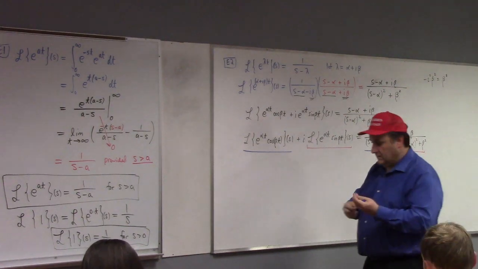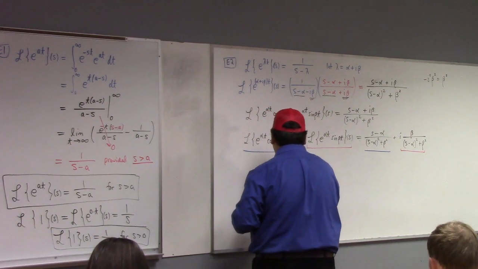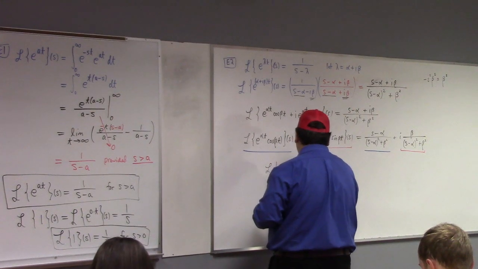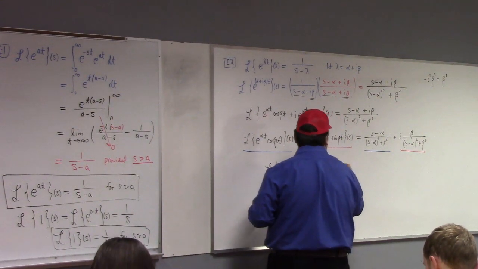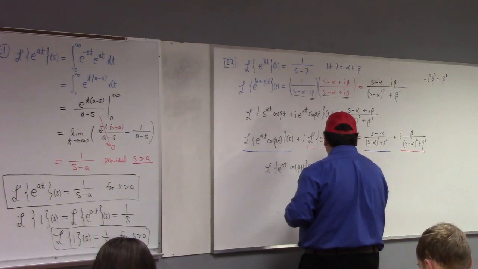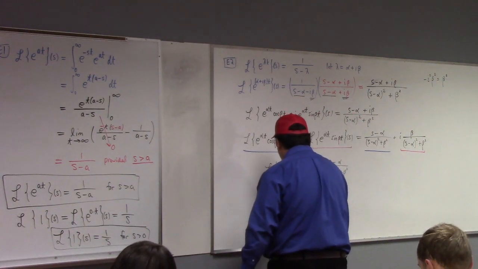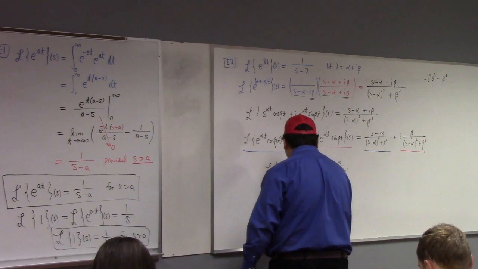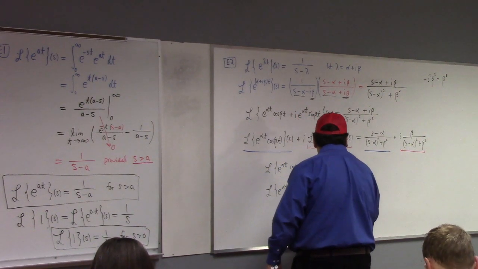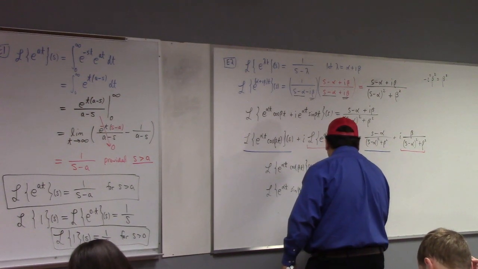And as such, we derive that the Laplace transform of e to the alpha t cos beta t as a function of s is actually equal to (s minus alpha) divided by ((s minus alpha) squared plus beta squared), and the Laplace transform of e to the alpha t sine beta t is equal to beta divided by ((s minus alpha) squared plus beta squared).